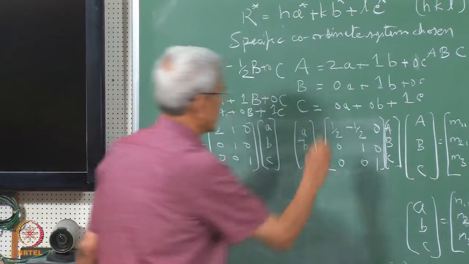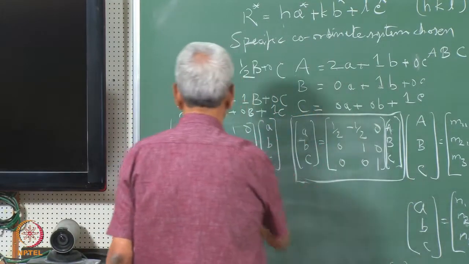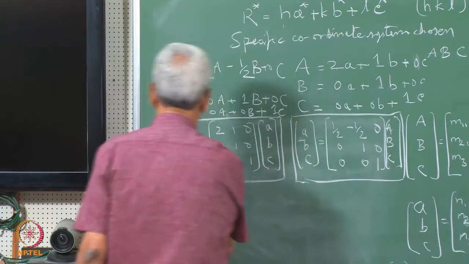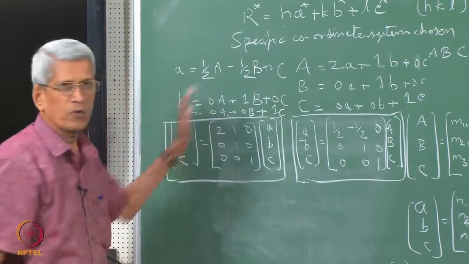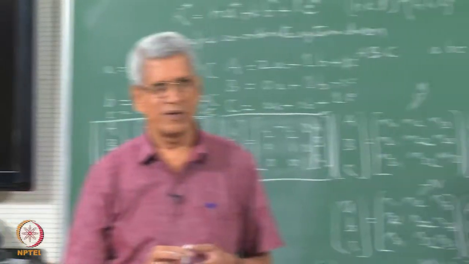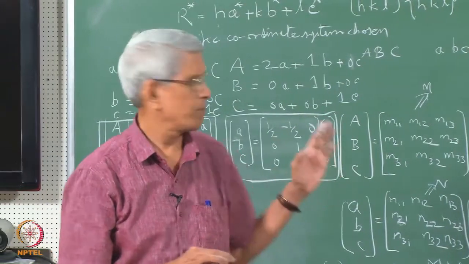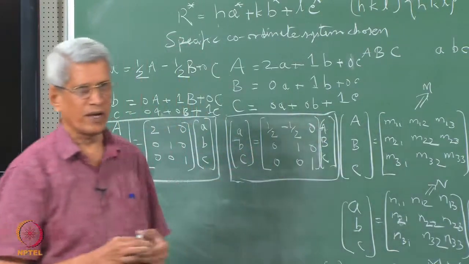Okay. This is the equation for going from one coordinate system to the other, hexagonal to rectangular, the orthorhombic, or from orthorhombic to hexagonal.